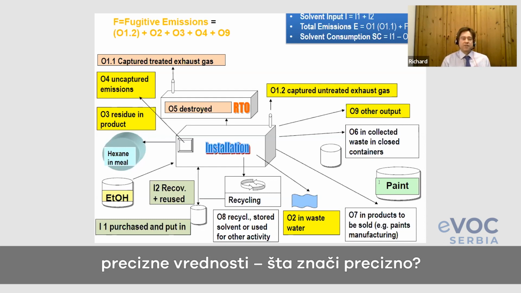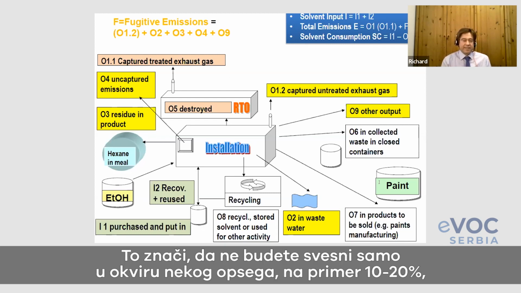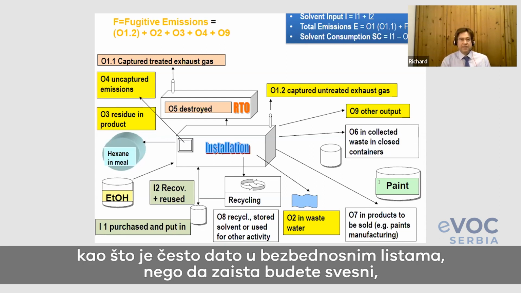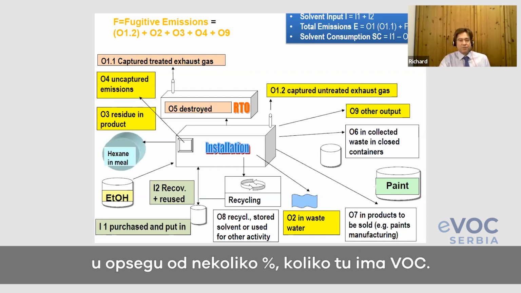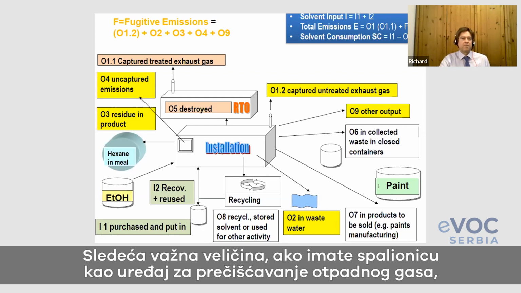I mean, not exact to the last digit. I want to say exact means that you do not have a range between maybe 10 to 20%, as you can see sometimes in safety data sheets. No, you should be aware, in a range of a few percent, of how much VOC is here.